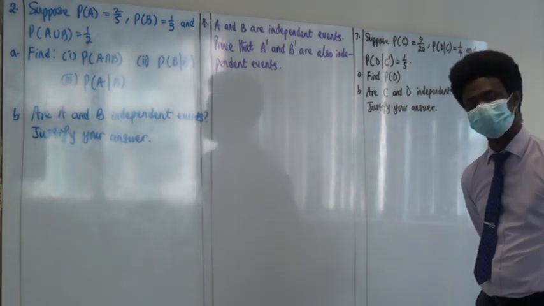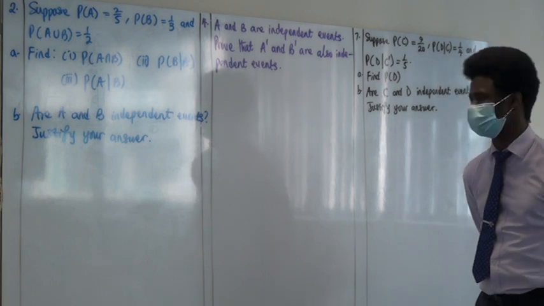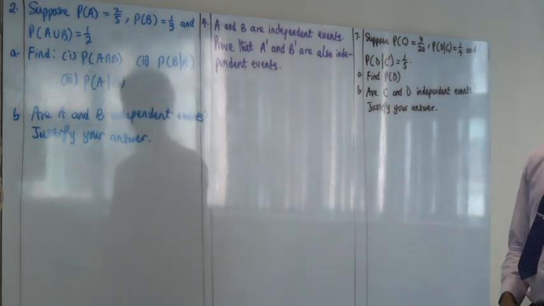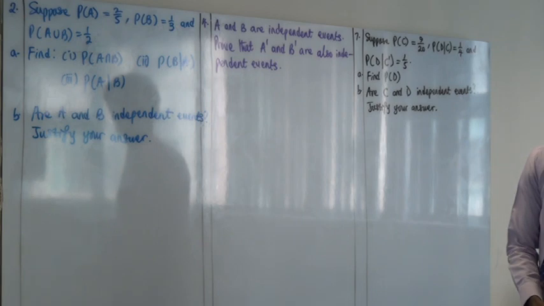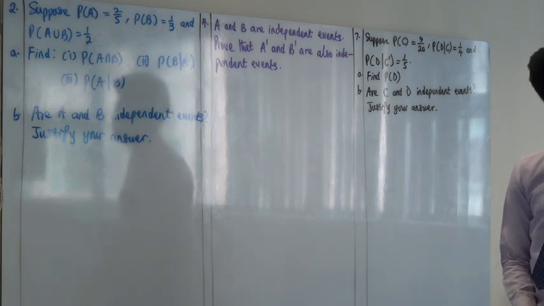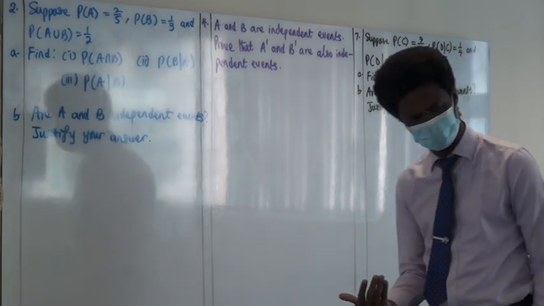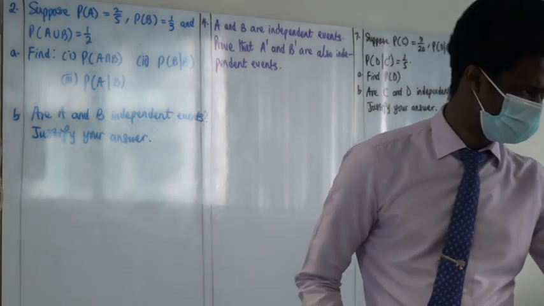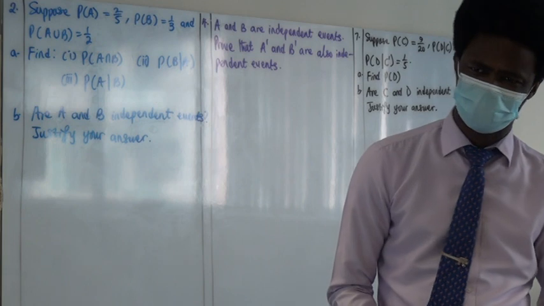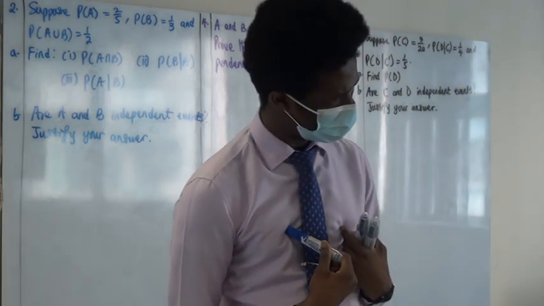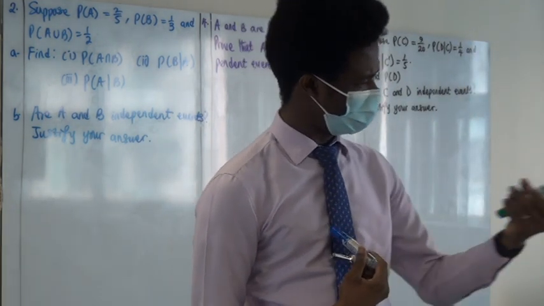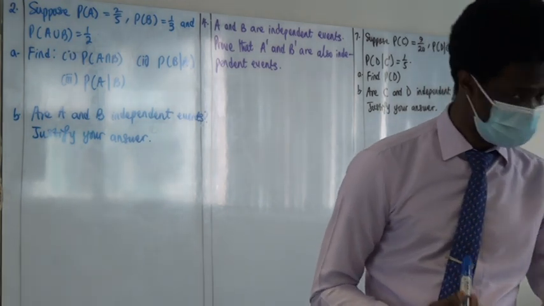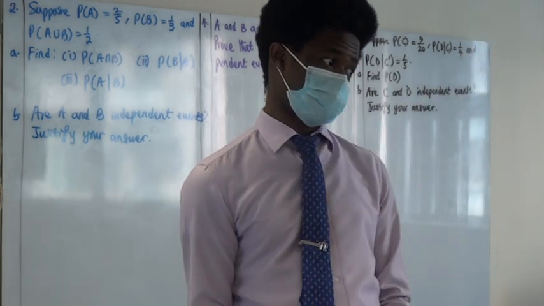All right, let's focus on this. A and B are independent events. Prove that A prime and B prime are also independent. I think this we already know. If you go to school tomorrow, it does not affect the fact that I come to school tomorrow. If you don't go to school tomorrow, it does not affect the fact that I don't come to school tomorrow.